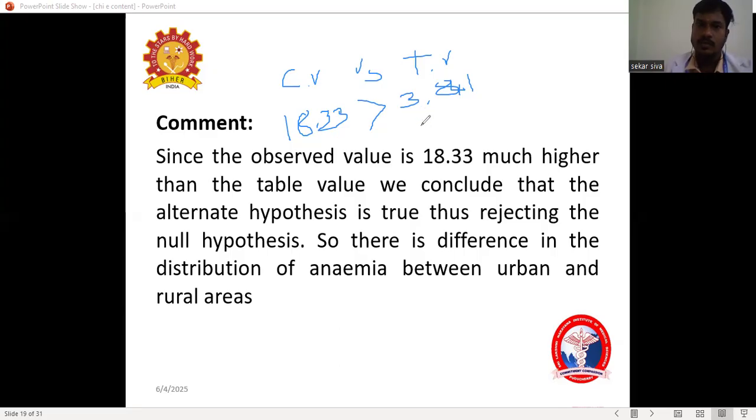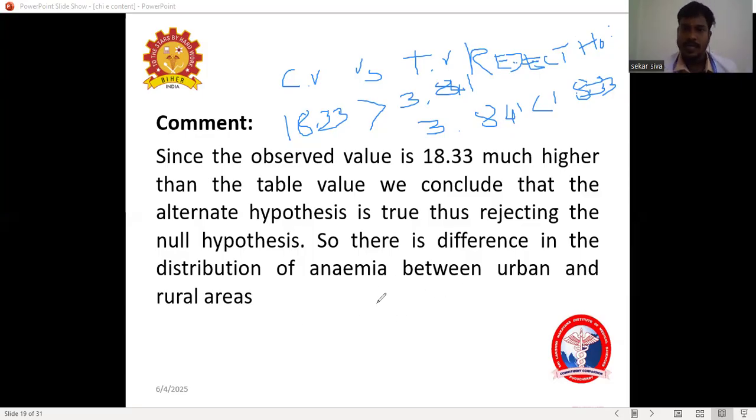If 3.841 is less than the calculated value 18.333, we can reject the null hypothesis, which states that there is a difference in the distribution of anemic between urban and rural areas.